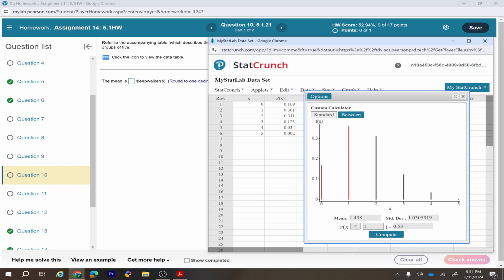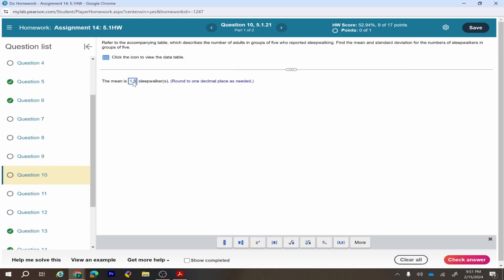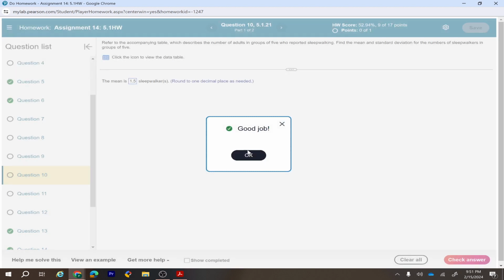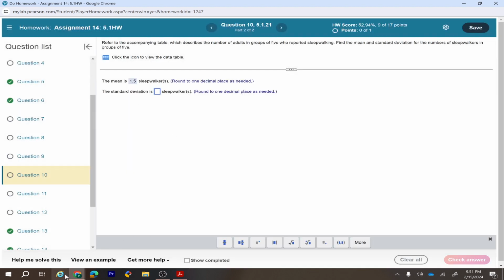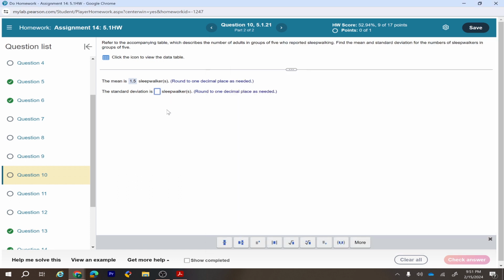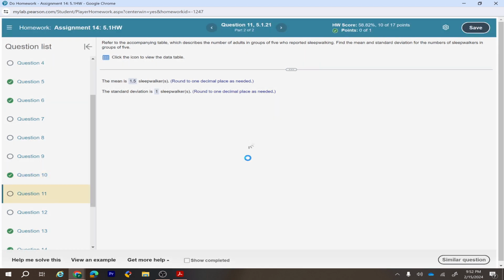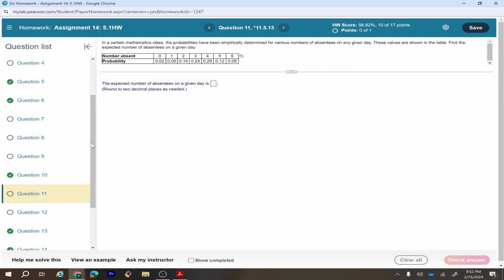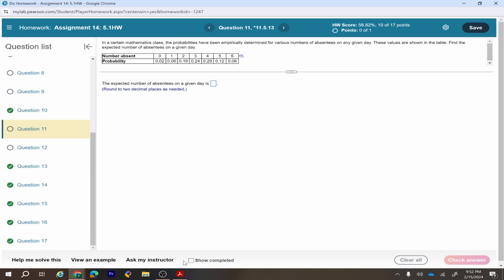It's going to give you the mean, which if you round it to 1 decimal place is 1.5. That's the mean. And the standard deviation is 1.0. If you round it to 1 decimal place, it's still 1. So that's section 5.1.